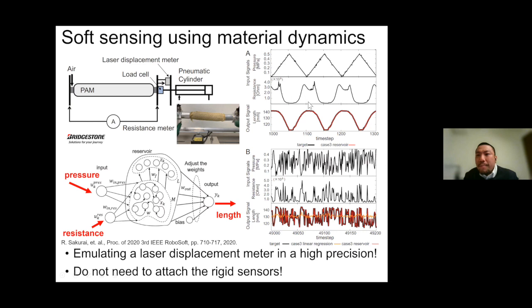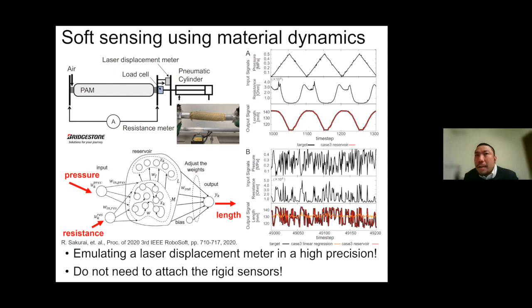Then as you can see, these are the inputs, the pressure and the measured resistance from this pump. You inject these values as input, and these are the outputs. The black line is the target, and the red line is the system output. As you can see, it almost perfectly predicts the target value. The difficulty here is that, as is very famous, the pneumatic actuator shows some hysteresis.